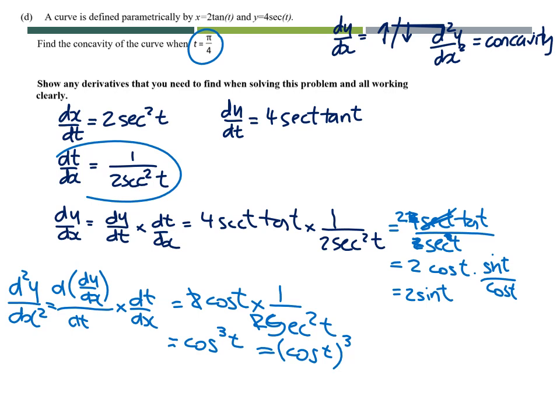So at t equals pi over 4, cos cubed t is 1 over root 2 to the power of 3, I believe. And because that answer is positive, it means my graph is concave up.